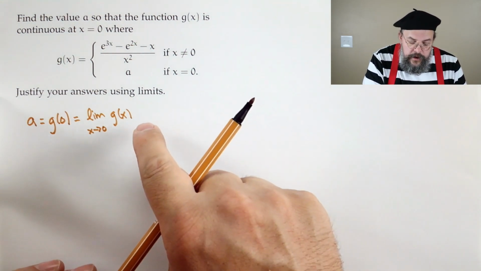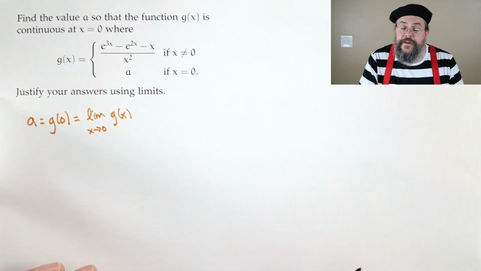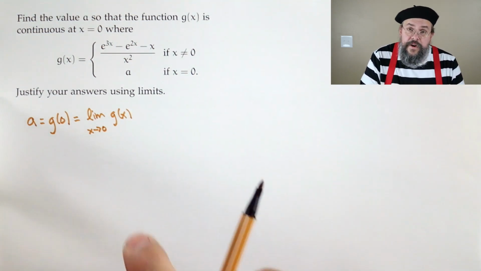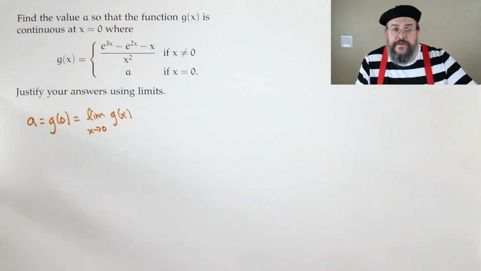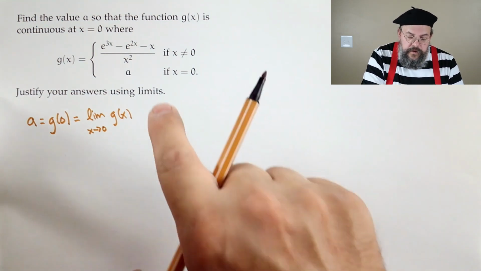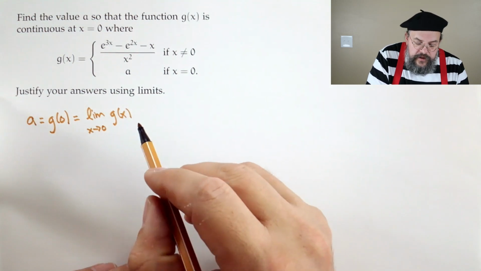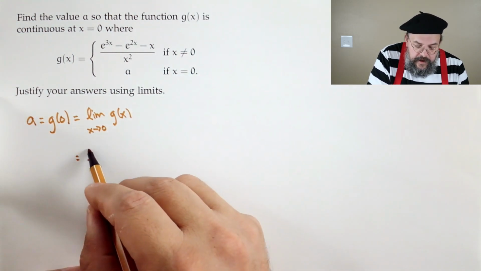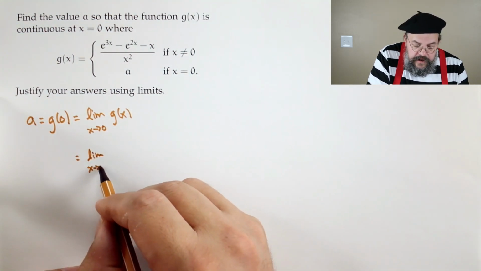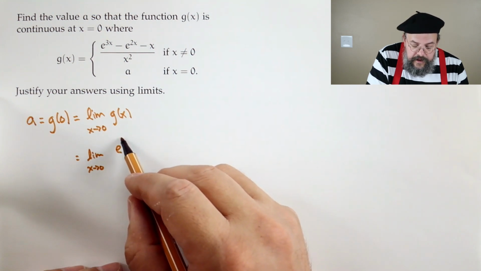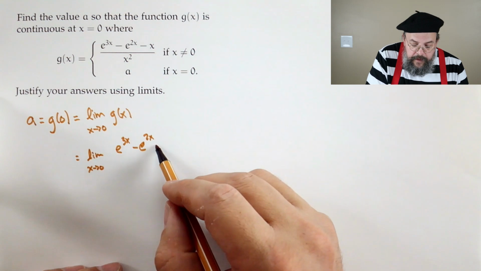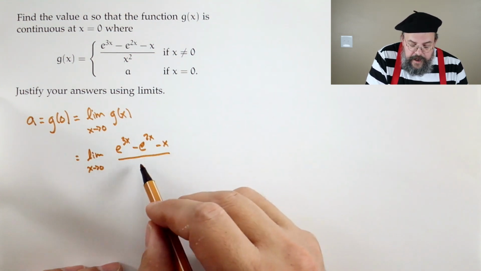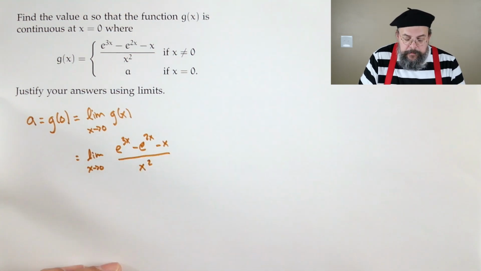Well, we know we are not at 0, right? Because when x is going to 0, we're not 0. So what can we do? Well, the answer is we can use this form. So this is really the limit as x goes to 0 of e to the 3x minus e to the 2x minus x, divided by x squared.